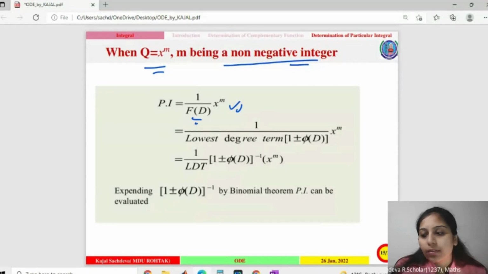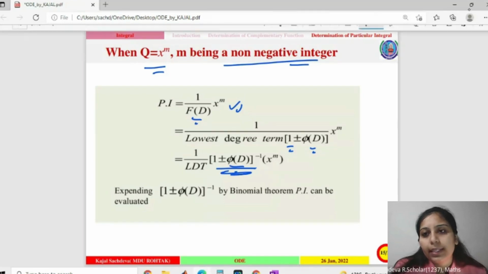So we can have the constant term. If we don't have constant term, we have the D raised to power 1 term. So taking whichever is lowest degree, taking that common. After taking common, in place of that lowest degree term, we have 1 plus some function of D. And what we will do then, we will take this upper side and then this becomes a whole inverse. And here we have the expansions to use.